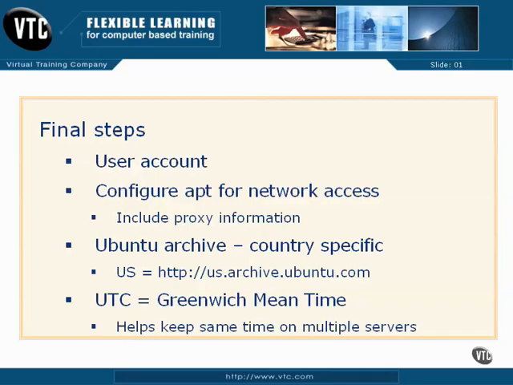Once configured, apt loads information from the Ubuntu repository or repositories associated with the country selected at the beginning of the installation process. In my case, I selected US, which means that installation packages are located and loaded from the us.archive.ubuntu.com server.